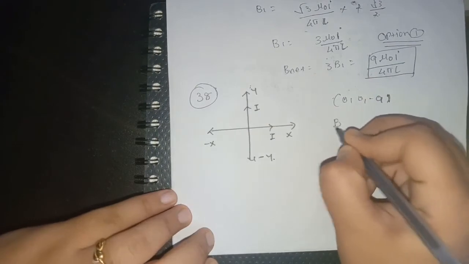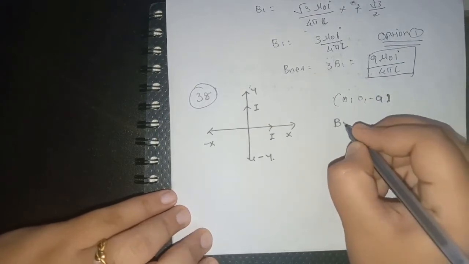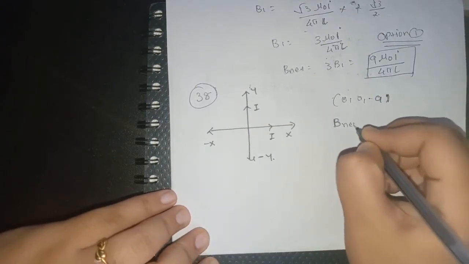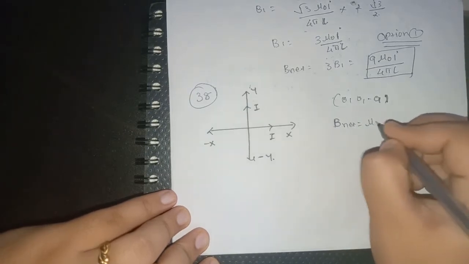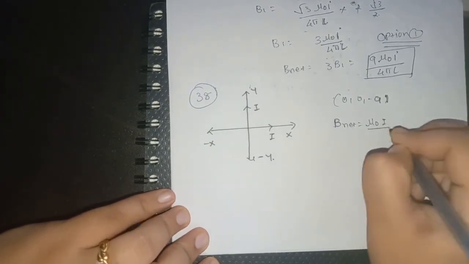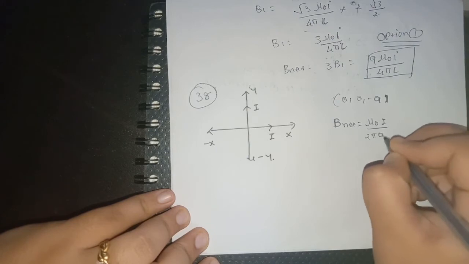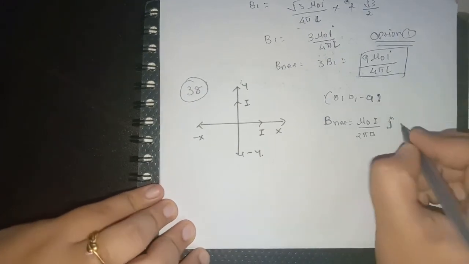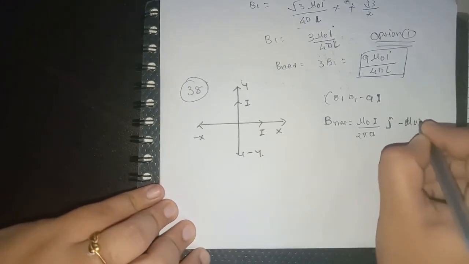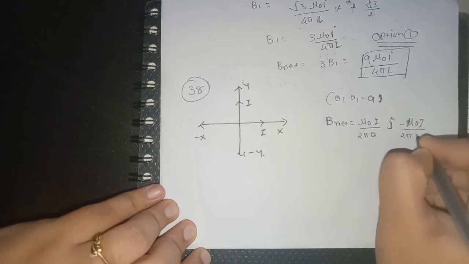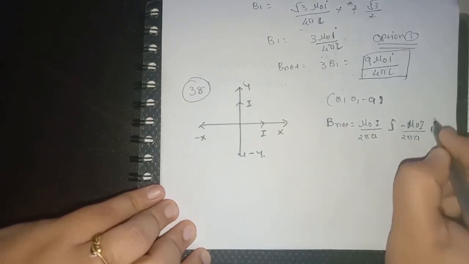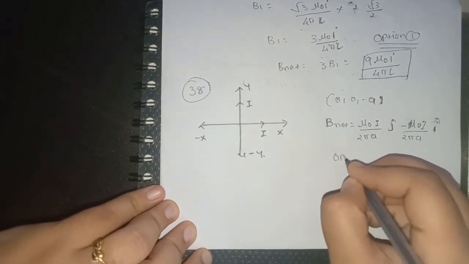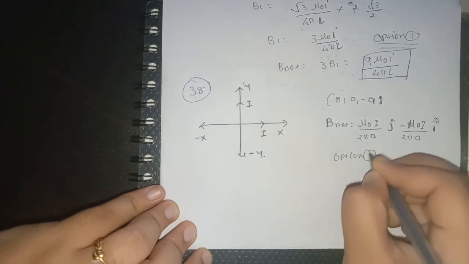The magnitude of magnetic field will be same, so B net can be given as mu naught I upon 2 pi E j cap minus mu naught I upon 2 pi E i cap. So option 1 is correct option.